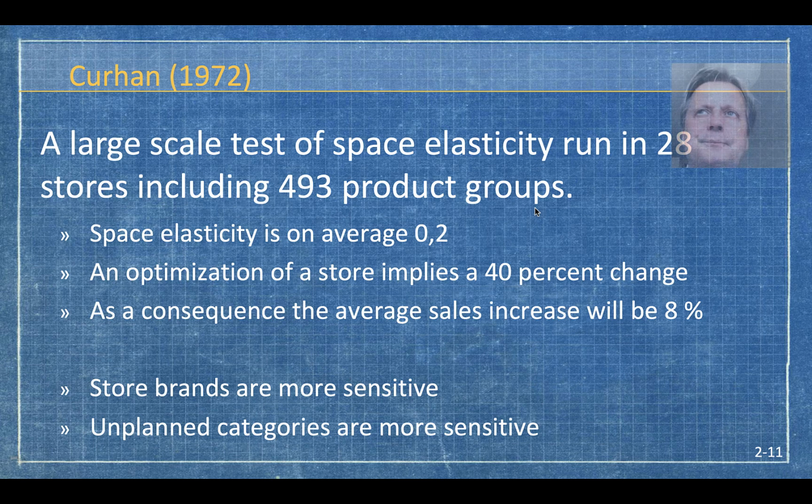If you do that, the average adjustment would mean that you would move around 40% of the brands. And then if you take a change of 40% and you know that the space elasticity is 20%, then you'll get a lift of 8%. And this is what you expect when you rearrange a shelf.